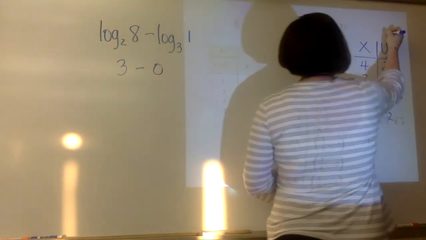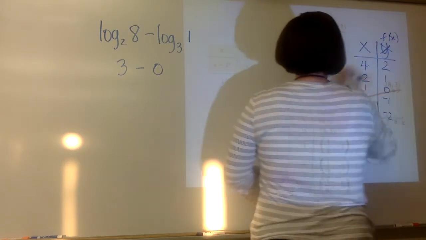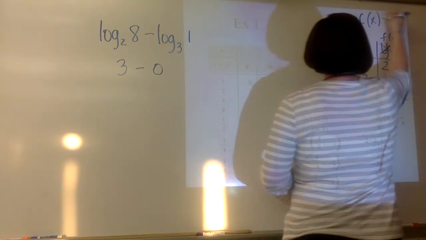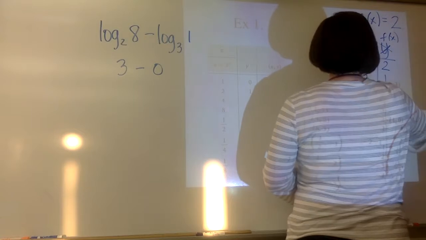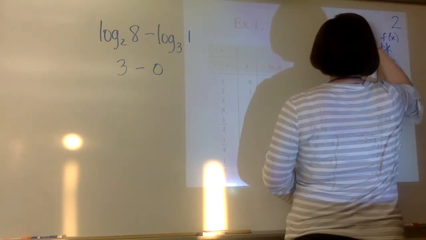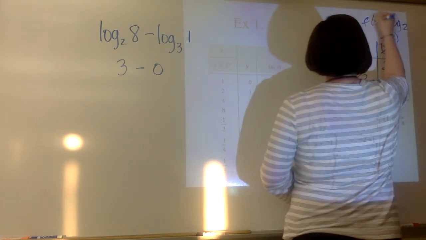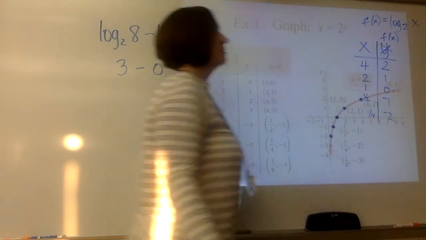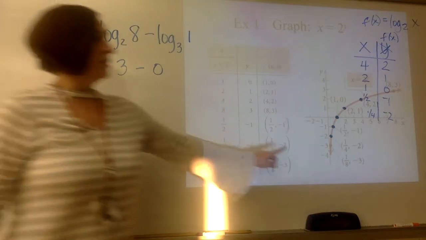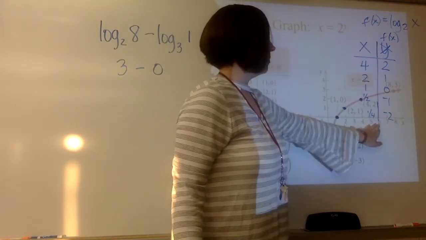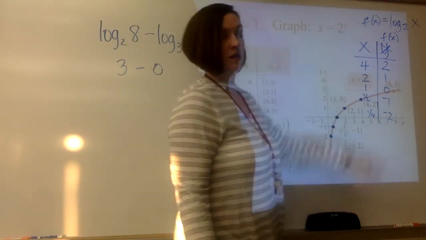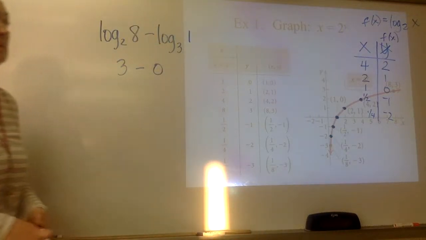Think of this as f of x instead of y. This is the equation: f of x is equal to log base 2 of x. This table is this function, log base 2 of x.